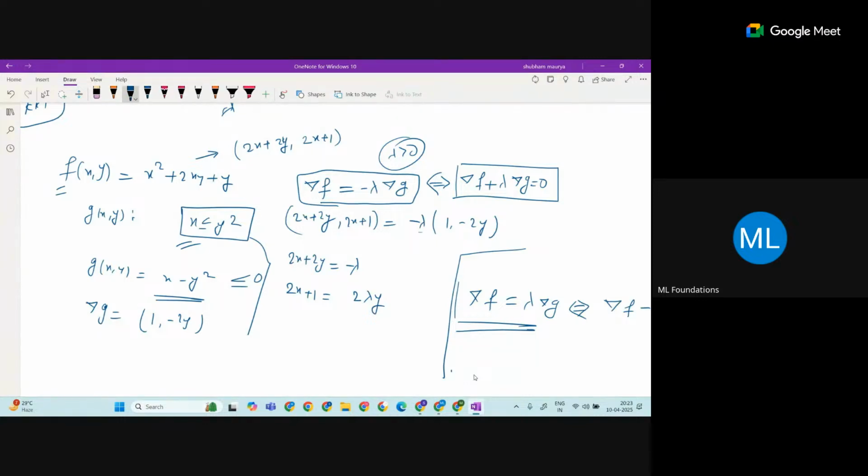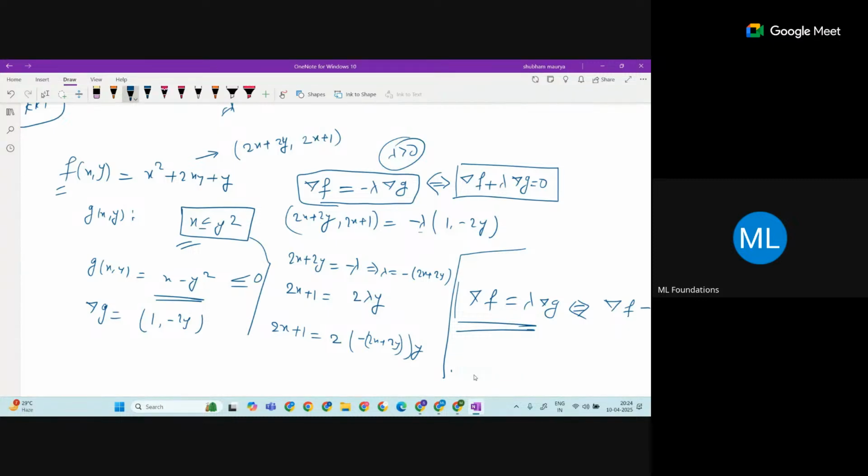Okay, I think that is correct. Now we have to find the x and y values, using the lambda value. See here, lambda is equal to minus 2x minus 2y, so 2 lambda is minus 2x minus 2y.